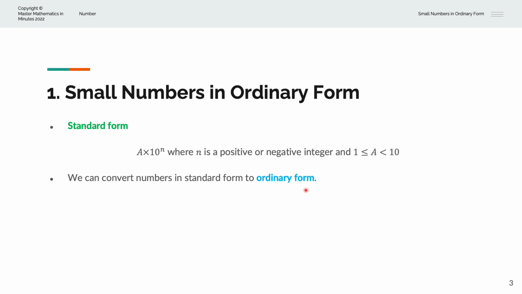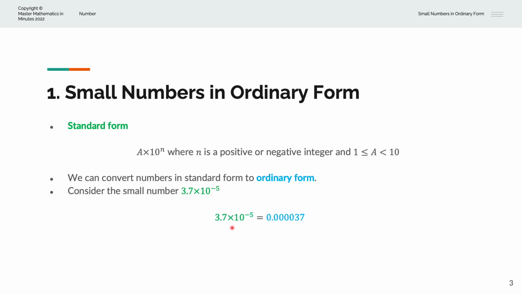Let's consider an example. So, with a small number, 3.7 times 10 to the power of minus 5. So 3.7 is between 1 and 10, and minus 5 is a negative integer. So this is in standard form.